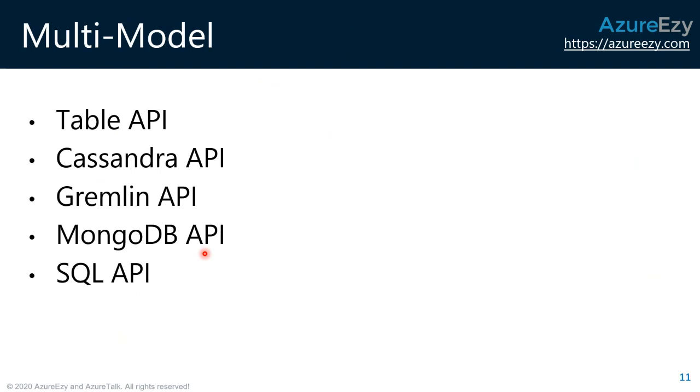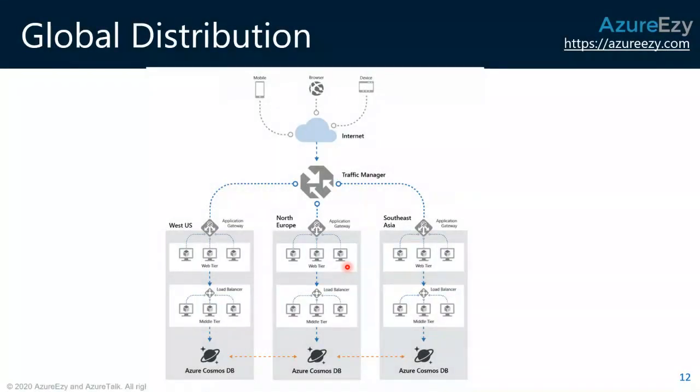Now, if your data has relationships or is designed in a graph model, or you are planning to design it in a graph model, then you should consider the Gremlin API. And for everything else, go with the default, that is the SQL API. So now we understand the different APIs that Cosmos supports for different DBs, and it's time to explore global distribution.